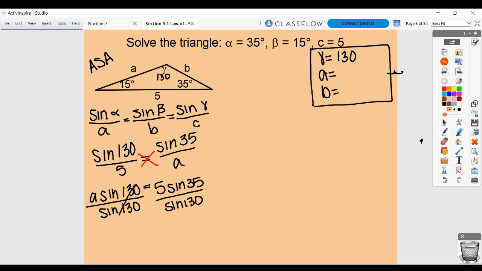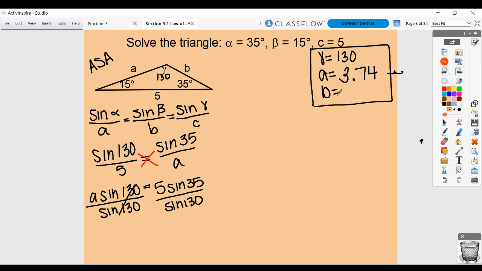So in your calculator, you can do 5 sine 35. Make sure you close that parenthesis. Divided by sine 130. And you should get 3.74.